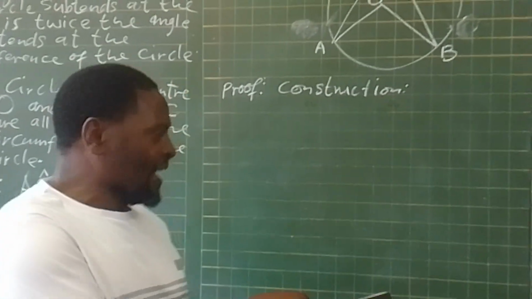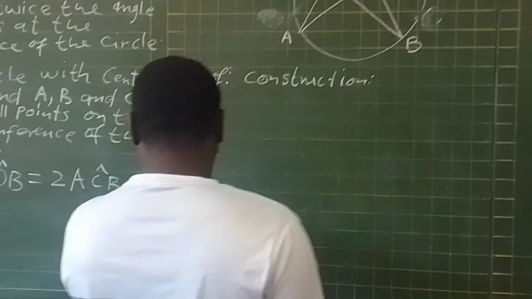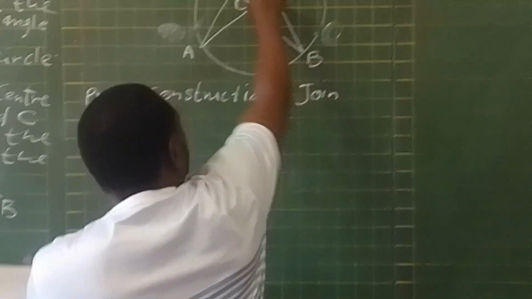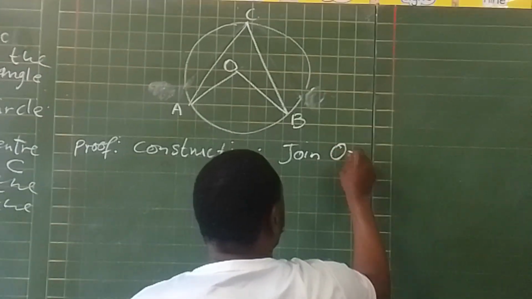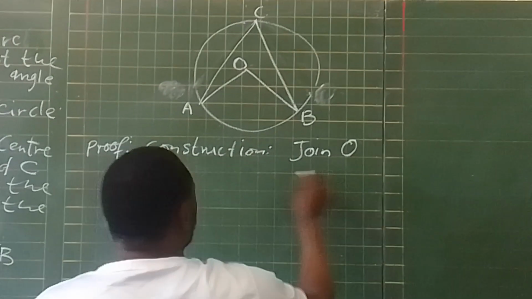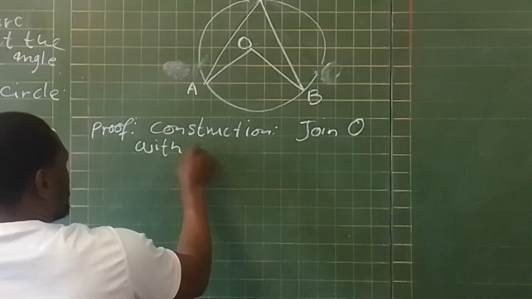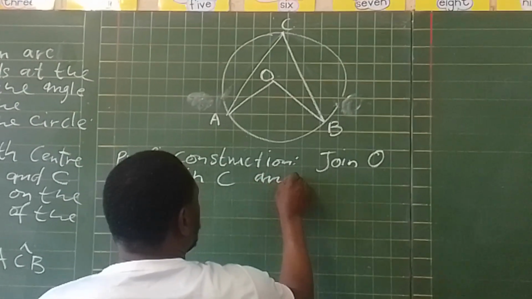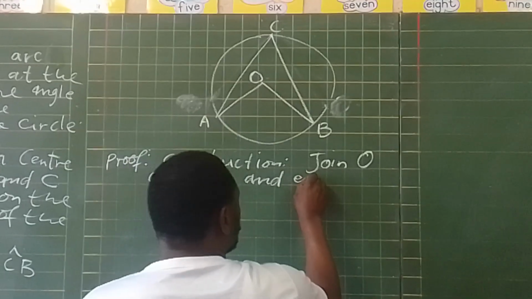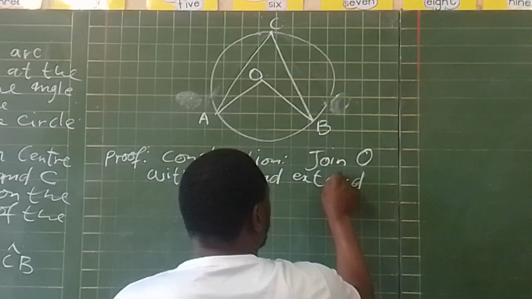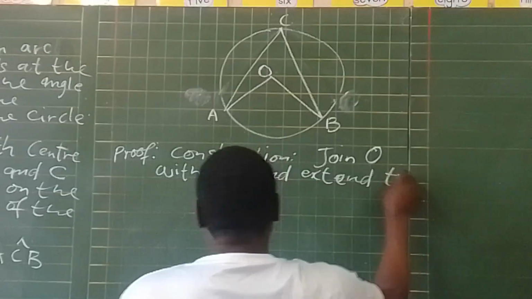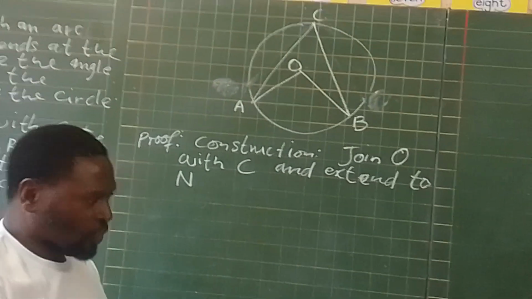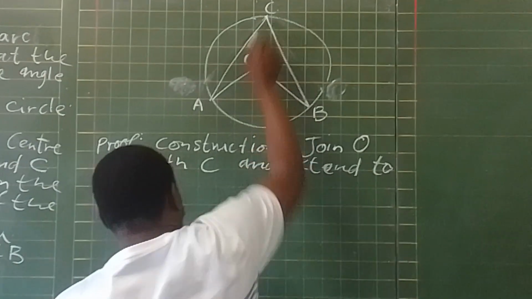So you construct in such a way that you join O with C and extend it to end.